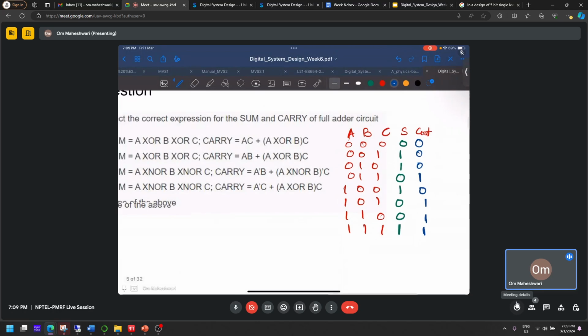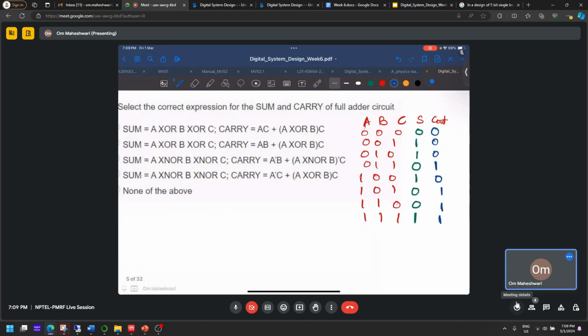Now what next you can do is make a K map.